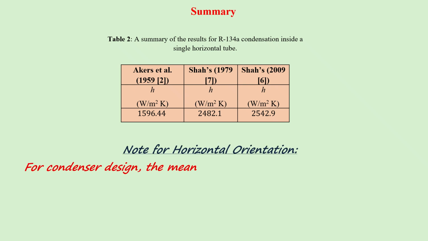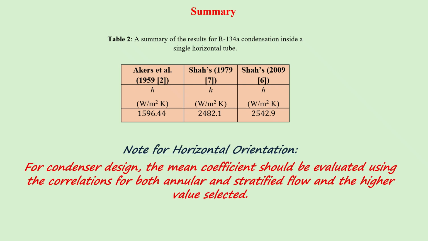Of course, we have to mention that in the thermal design of condensers, usually for horizontal tube condensation, it is preferred to predict the annular flow heat transfer coefficient, where we have the shear controlled regime, and then the stratified flow, where gravity is the dominant parameter.